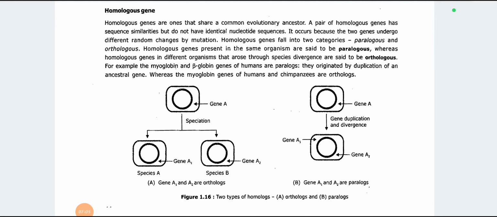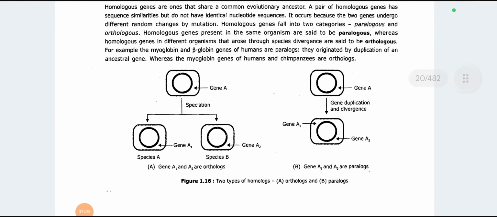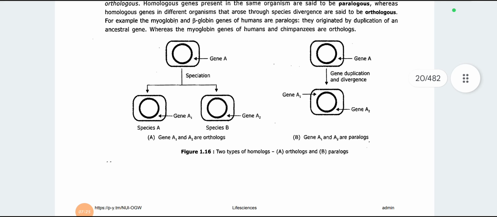It occurs because the two genes undergo random changes by mutation, and homologous genes fall into two categories, paralogous and orthologous. Homologous genes present in the same organism are said to be paralogous, which is a result of duplication. And when homologous genes are in different organisms, they are said to be orthologous.